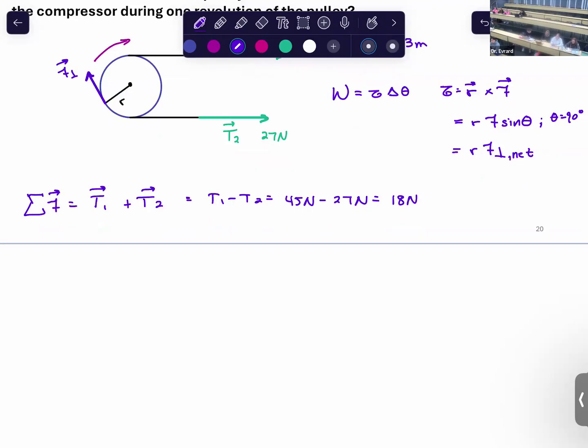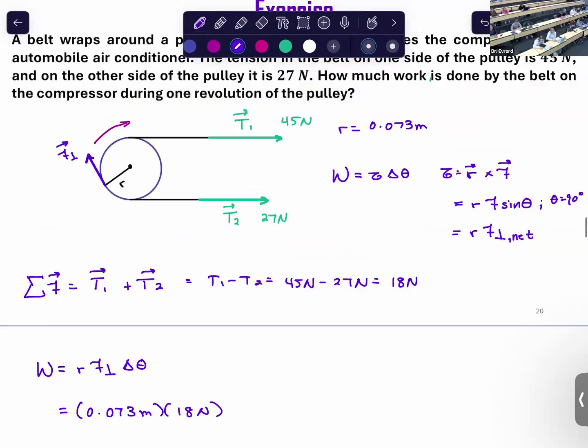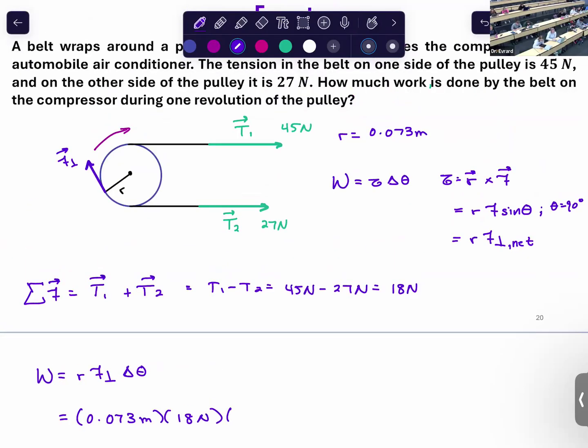Okay, so then your work. Torque is R times perpendicular force times delta theta. Then of course our R is 0.073 meters. Perpendicular force is 18 newtons. And what did we say our delta theta was? A whole circle, which is 2 pi.